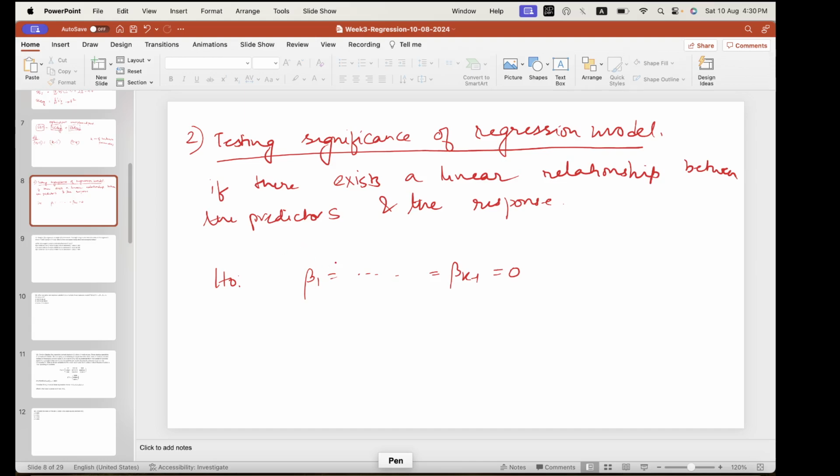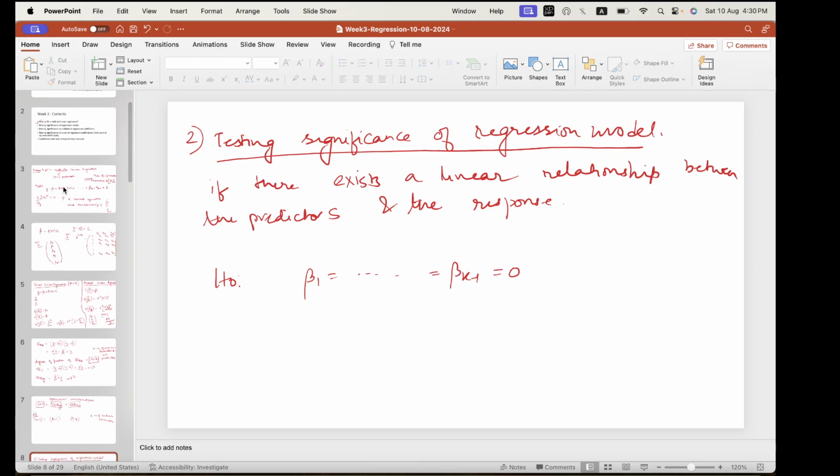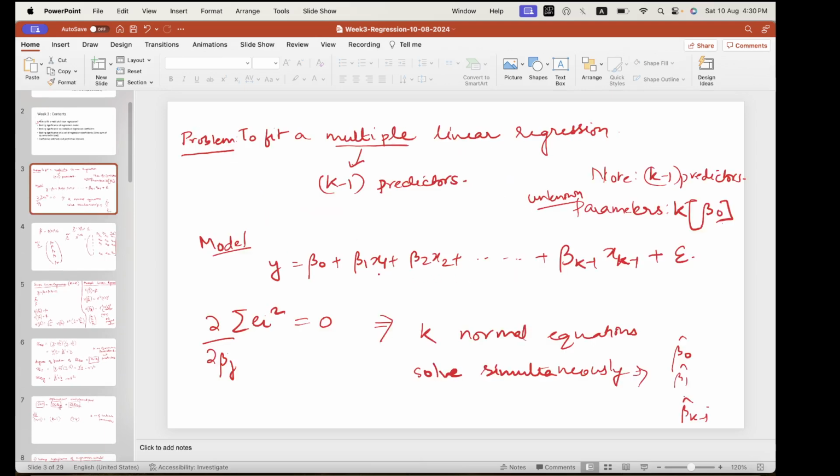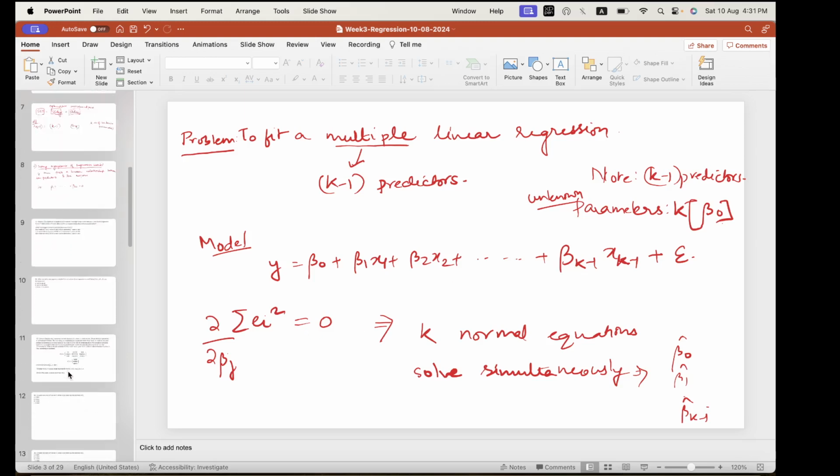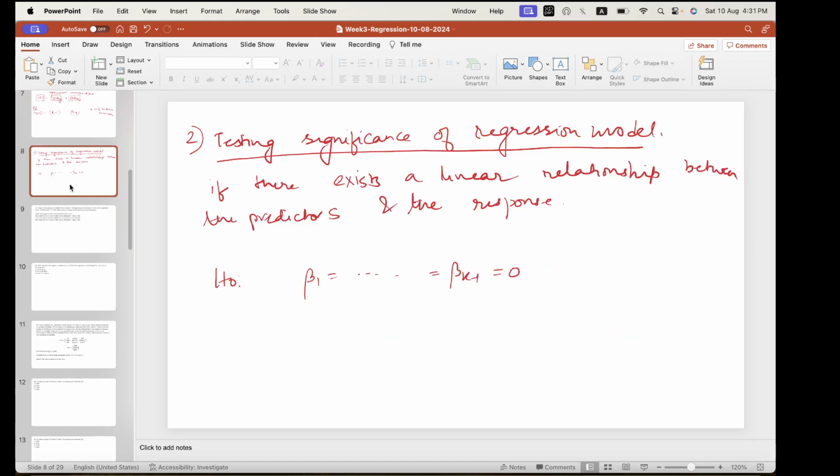Okay, so what I mean to say, if this is your model, if each of beta 1, beta 2, beta k minus 1 is set to 0, then essentially you are not using any of the predictors. So what does it mean? That none of the predictors or this regression itself is not significant.